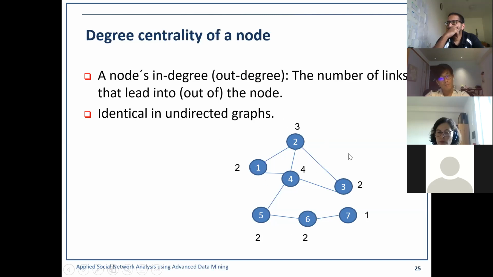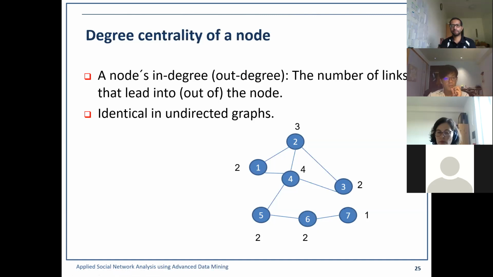For example, in the graph we can see here, we have associated to each node a number, and this number is the node degree. For example, node 1 has degree 2 because it has 2 links. Node 2 has degree 3, it has 3 links. So this way we can establish the importance of a node by just counting the links it has.